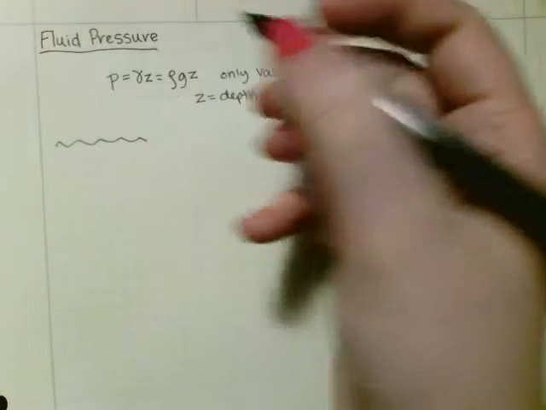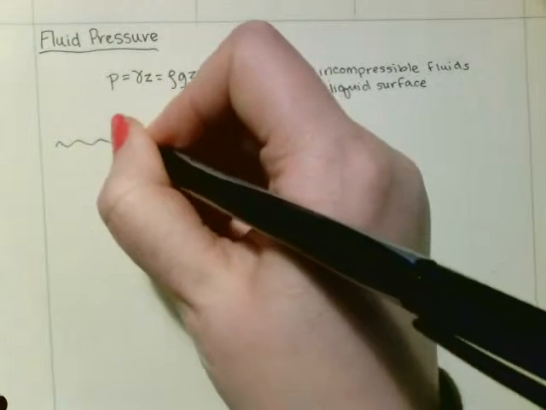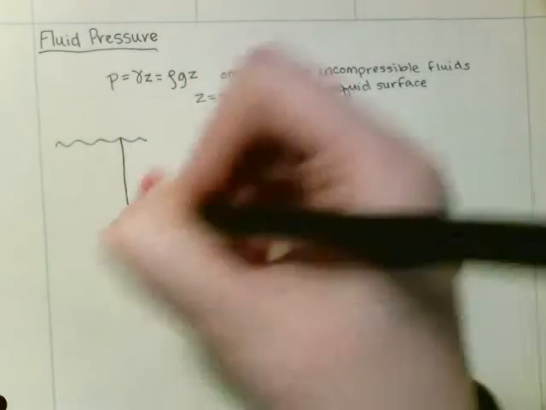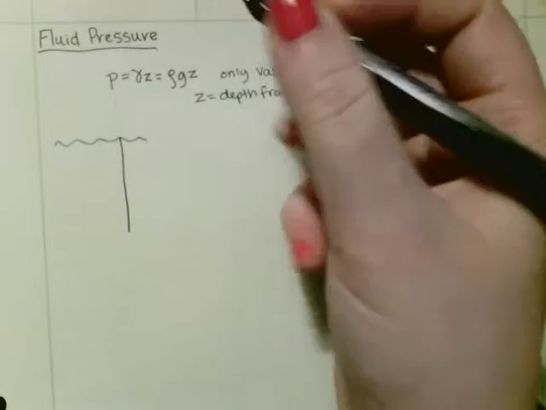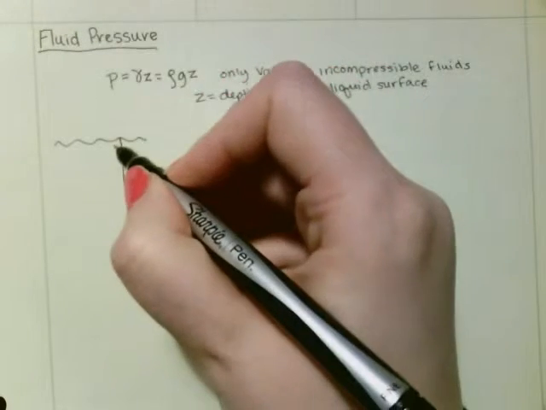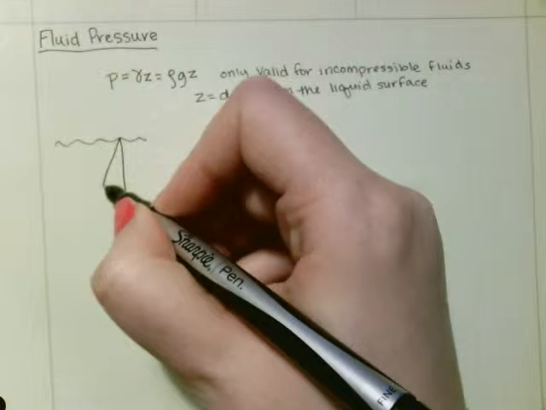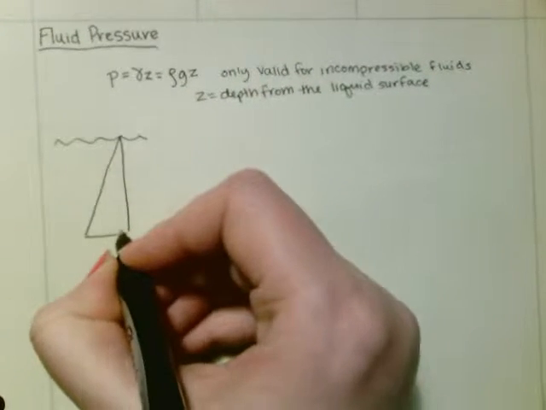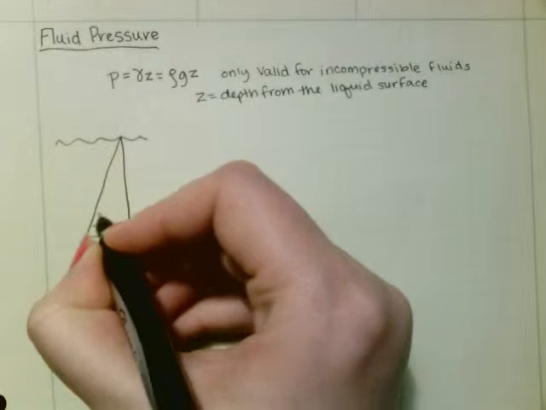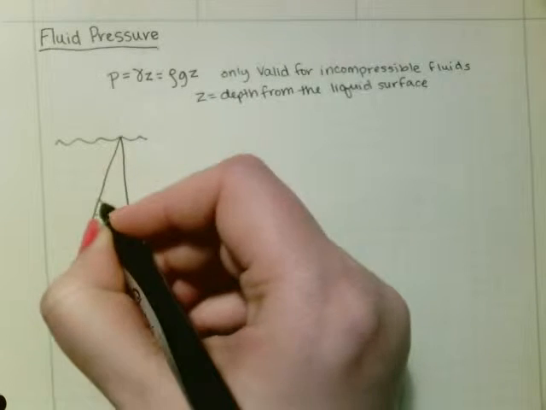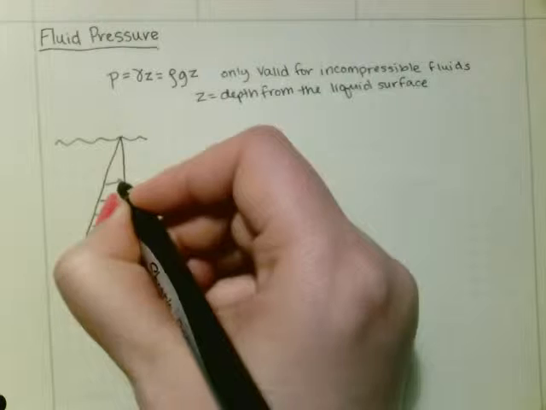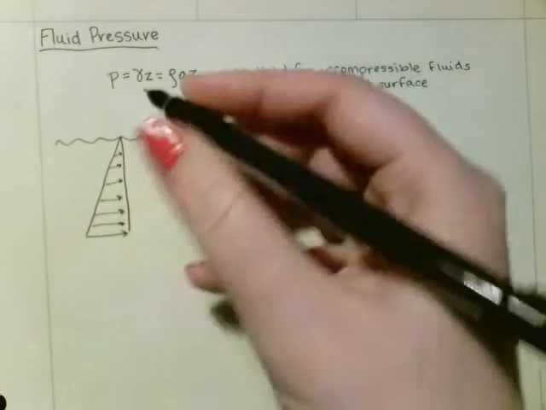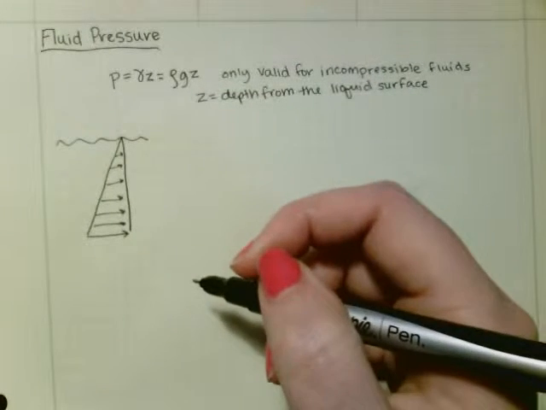So if this was my liquid level, and I had a plate just like this in the water, then I'm going to have a pressure that's distributed along the plate, and it's going to get larger as the depth goes deeper. So you end up with like a triangle distributed load.